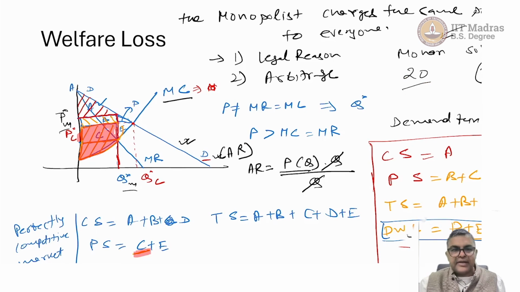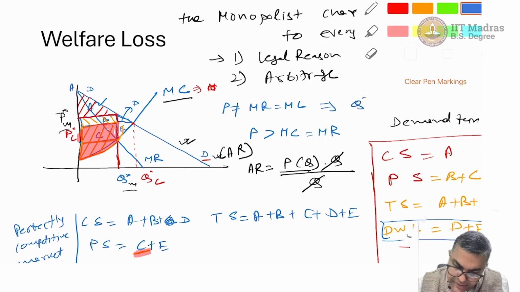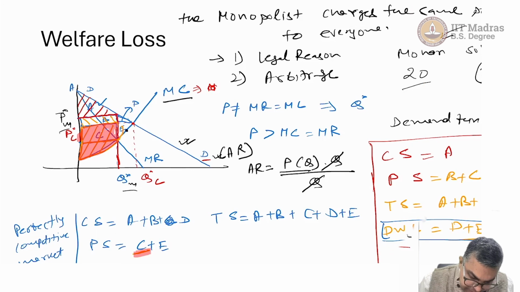So society as a whole loses something. Notice that you have bundles here. This height is the cost, and there is a consumer who is willing to pay more, but the monopolist is not interested in selling to him. Why?